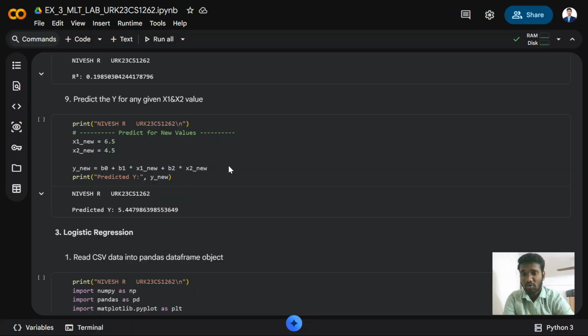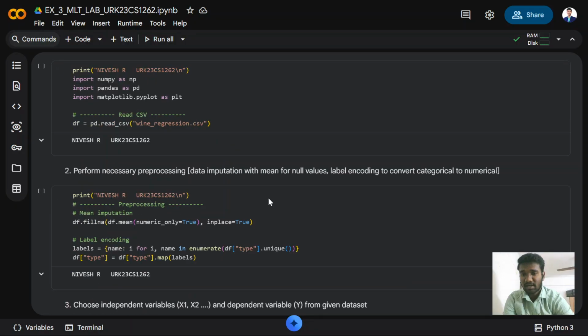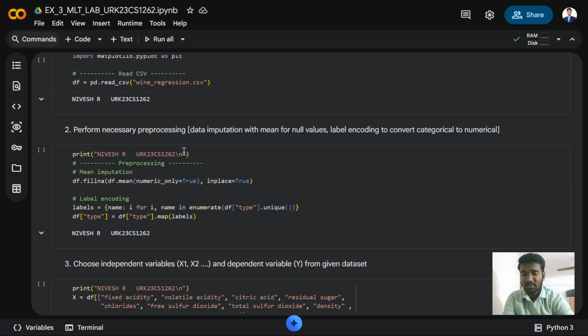In the first question, same we are loading the data set. Then we are doing data pre-processing. In that pre-processing, we are doing mean imputation that replaces the missing value with the mean, label encoding, converting categorical labels into numerical values. This allows the algorithm to process the data without any errors.